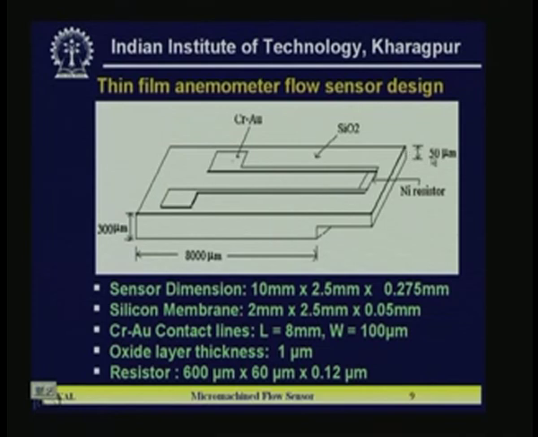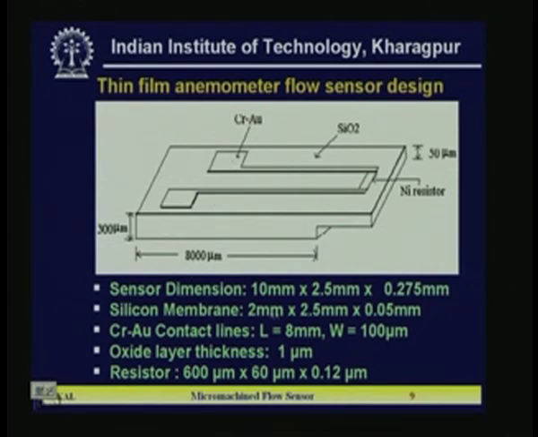So, this cantilever is only 50 micrometer, and in this region you have designed and fabricated this nickel resistance, and for ohmic contact you have used chromium and gold. The two ends of the resistance are connected with chromium and gold, and this is the bonding pad.